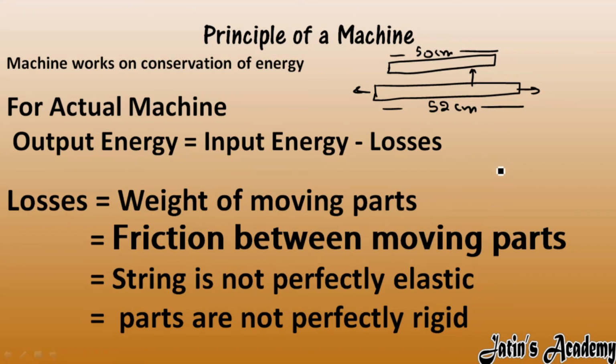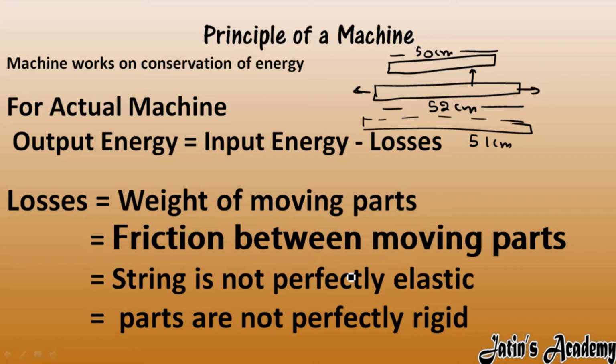In an actual scenario, when you apply the force and remove it, there is a little bit of increase in the length of the rope. For example, it becomes 51 centimeters. Now the string is not perfectly elastic, so this is considered a loss.